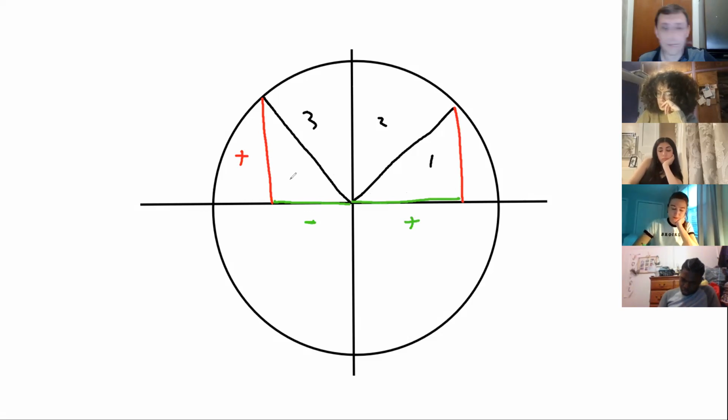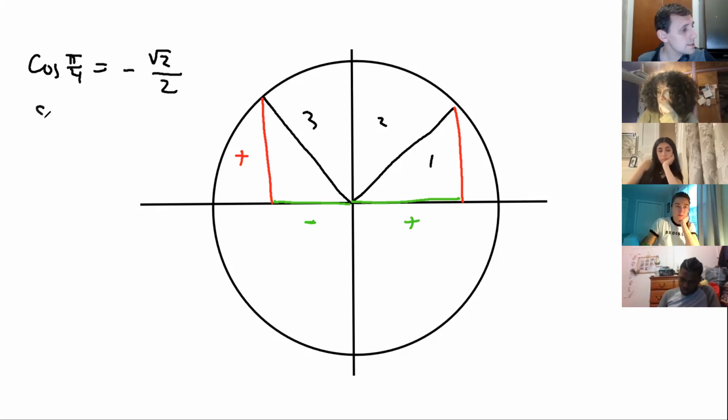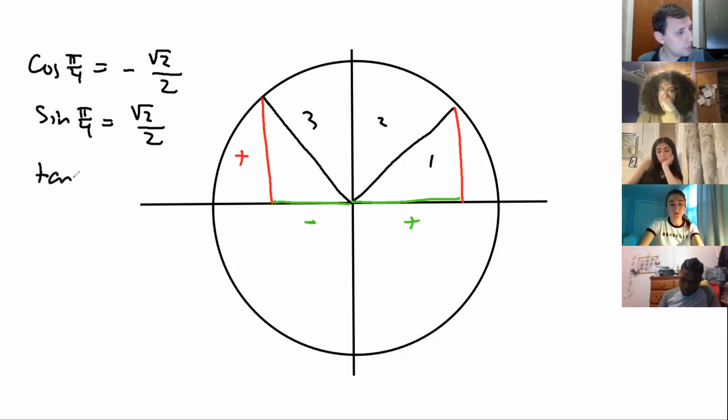So it's really like 45 degrees, or pi over 4, but in the second quadrant. So then I see that cosine of 3 pi over 4 is minus root 2 over 2. Sine, on the other hand, is root 2 over 2.